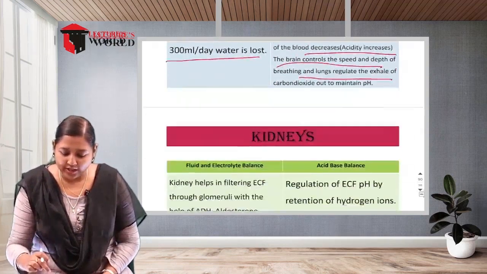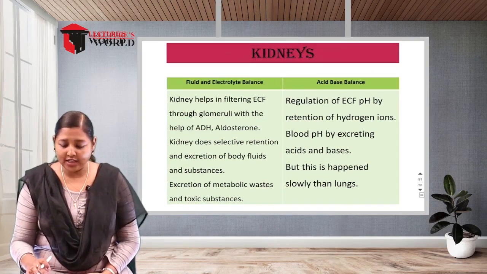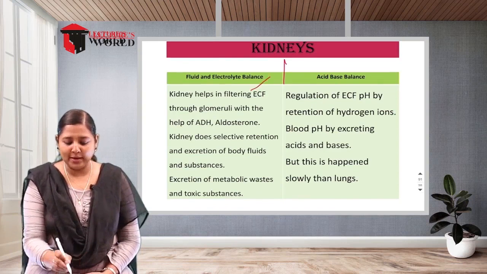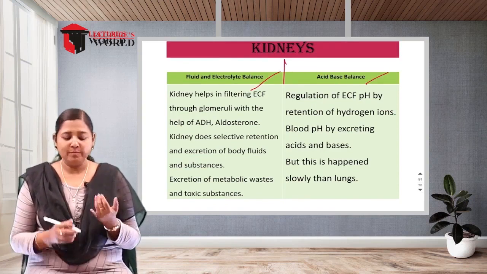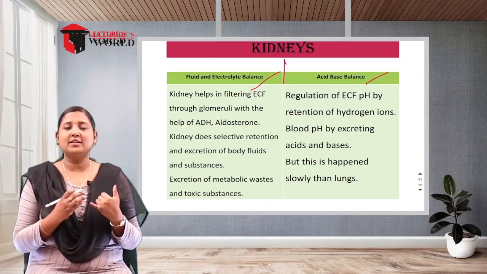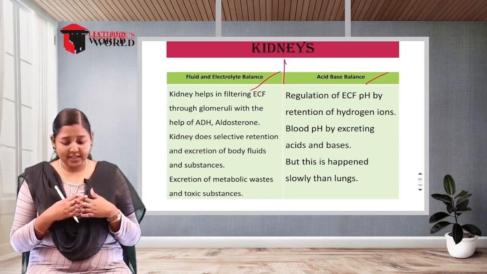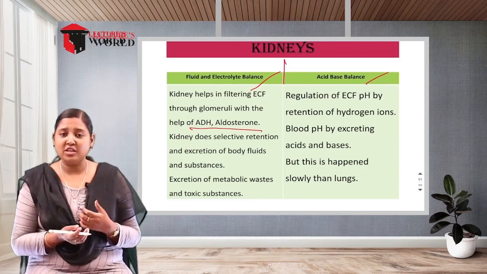And the next organ I told you which helps in the acid-base balance is the kidneys. Again here I have divided it into two, fluid and electrolyte balance and acid-base balance. Fluid and electrolyte balance, we all know, helps in filtering the extracellular fluid compartment in the glomeruli, and it will be with the help of the antidiuretic hormone and aldosterone.